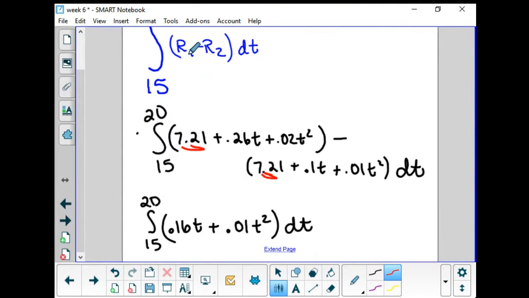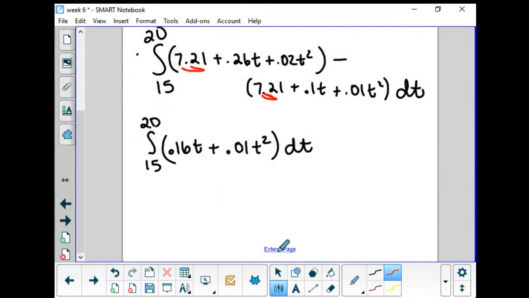It's an old friend. We set this integral up. That's a little new, but then the simplification, no big deal. The antiderivative process, no big deal. 0.08t squared plus 0.01t cubed over 3 from 15 to 20.